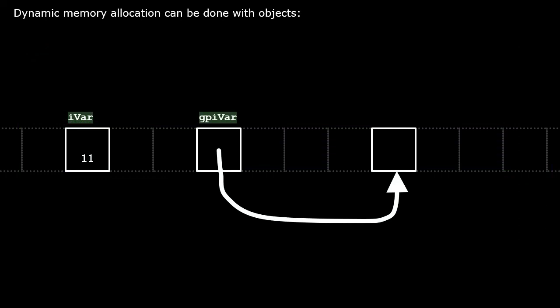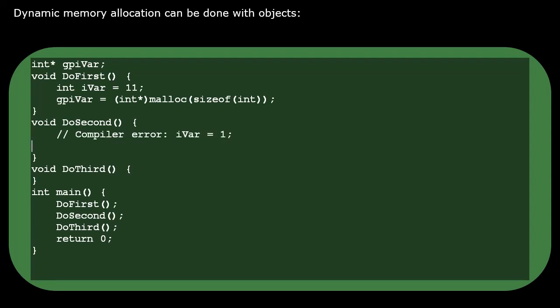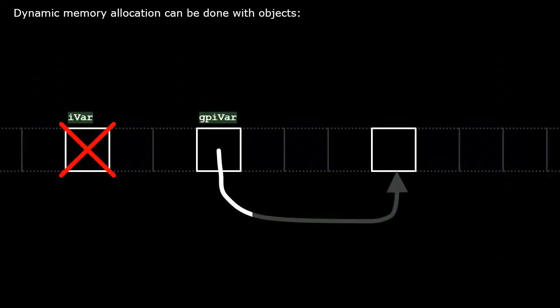This is now a pointer to an int. DoSecond can dereference that pointer to manipulate the integer, possibly even reassigning it.